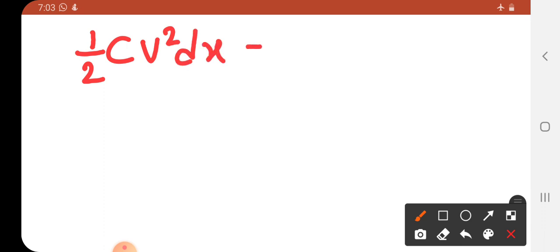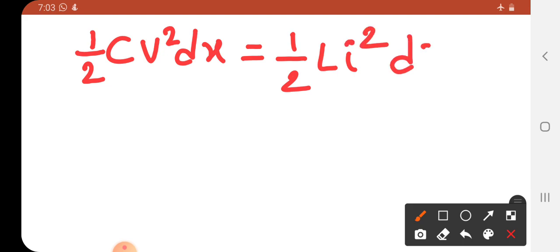Yes, at the receiving end, the electrostatic energy, that is half CV square into dx, is transformed to electromagnetic energy, half L small i square into dx.